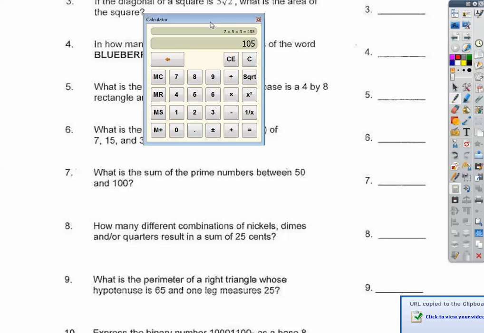So this one, you've got to sort of figure it out on your own and find all the combinations. So we can have a quarter, and that's 1. You can have 5 nickels. You can have 2 dimes and 1 nickel.